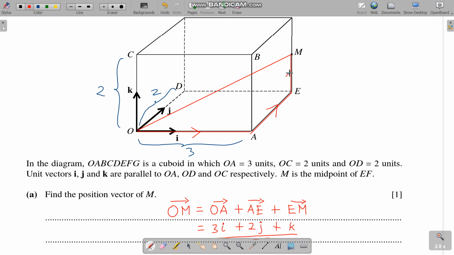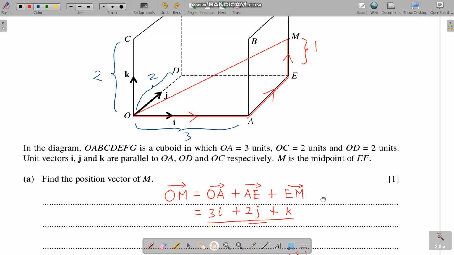And from E to M, because this is 2 and this is the midpoint, it's got to be 1 here. So 1 unit in the K direction, so that's just 1K or simply K. So that's the position vector OM.